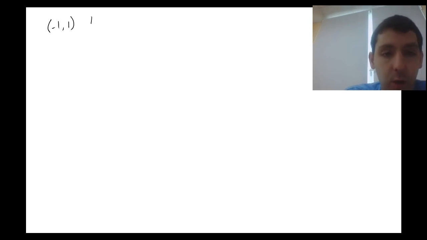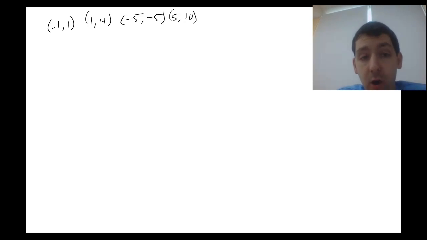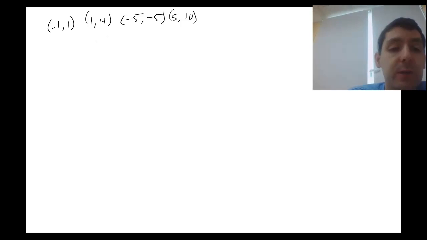Another idea that I want to look at is collinearity. So let's consider the points (-1, 1), (1, 4), (-5, -5), and (5, 10). With those, what we want to do is find out, are they collinear?